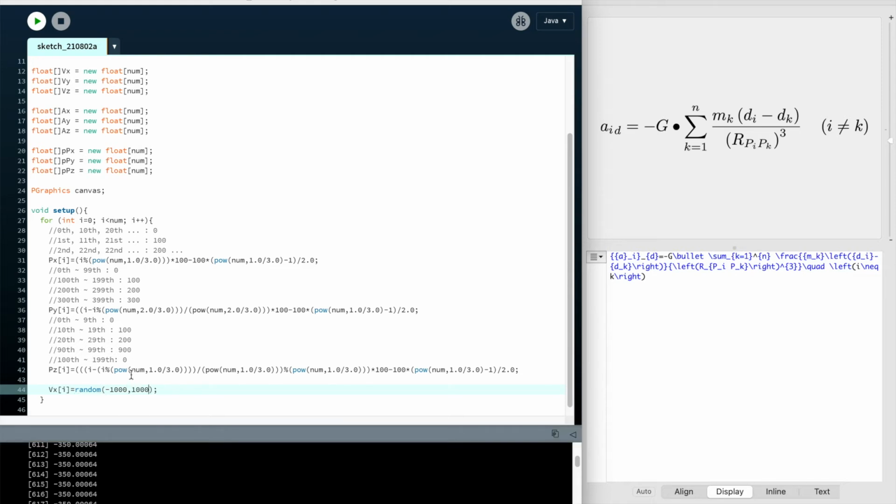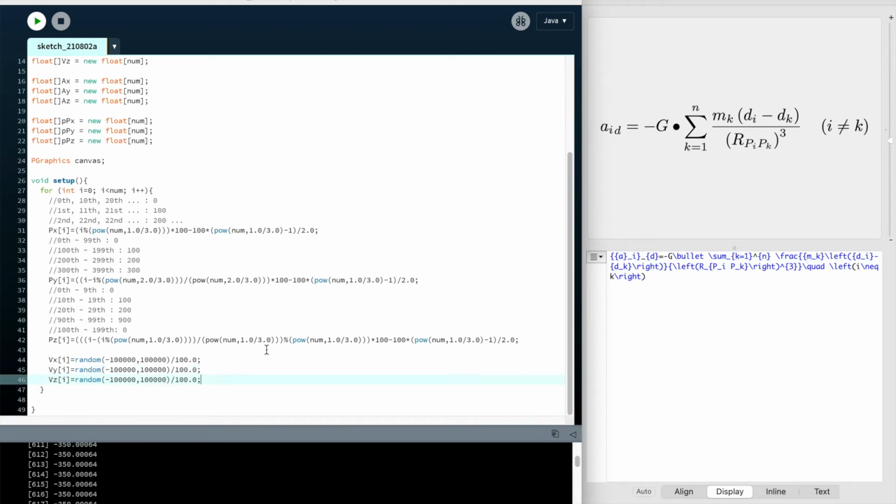But because I want a float value, I'm going to add 2 more zeros and then divide that by 100 so that I get a float value. And do the same for Vy and Vz. Now this will create some random movements in the initial state so that I don't get a pattern, but rather an actual simulation.